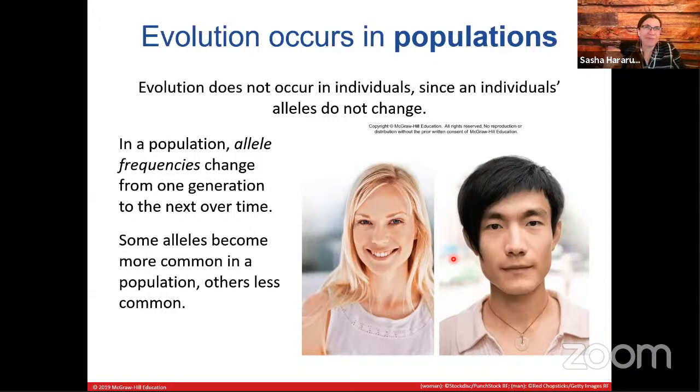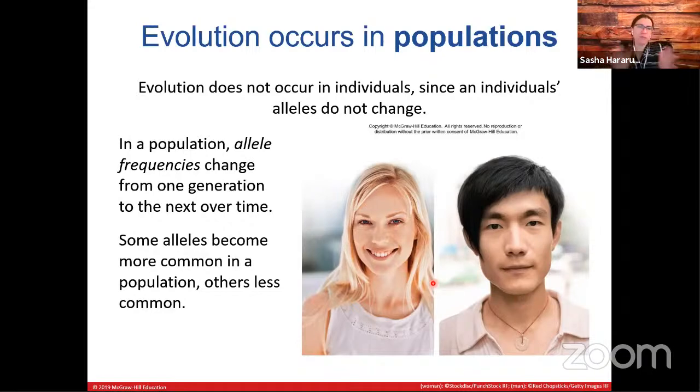Originally the populations were separated, and traits such as light skin and light hair color were selected for in northern regions, whereas dark hair and almond-shaped eyes were beneficial for survival in some other regions.